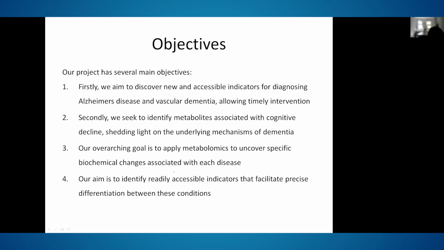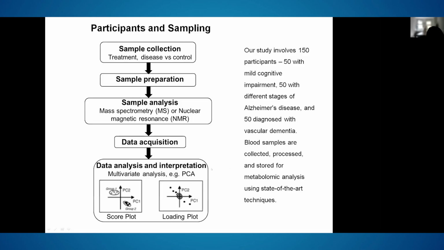Also, our overarching goal is to apply metabolomics to uncover specific biochemical changes associated with each disease. Our aim is to identify readily accessible indicators that facilitate precise differentiation between these conditions.